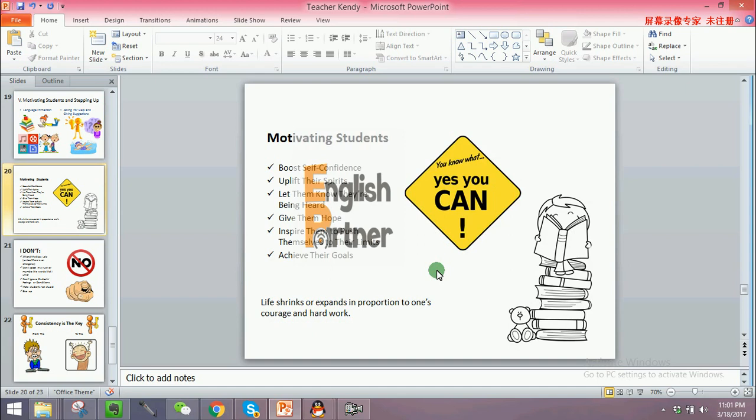I always tell them that the more effort you exert, the faster their hard work will pay off. As the saying goes, life shrinks or expands in proportion to one's courage and hard work.